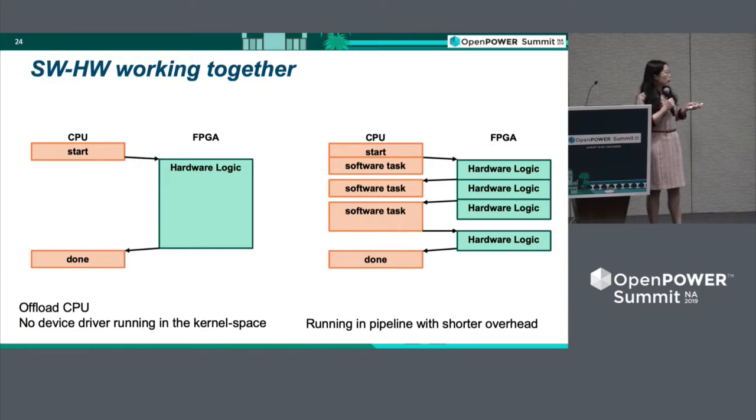So the CPU, at that time, can be used to do other tasks. Or you can carefully design the software and hardware cooperation, and ask them to run in a pipeline. Because our overhead is shorter, you don't lose a lot during the interaction.